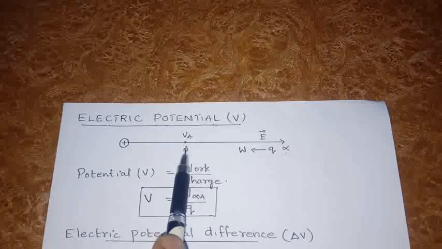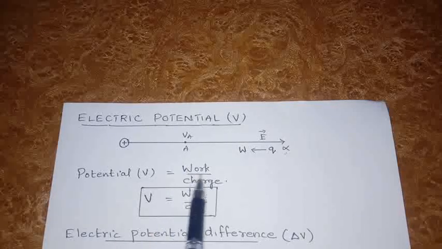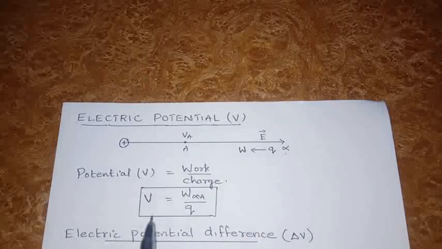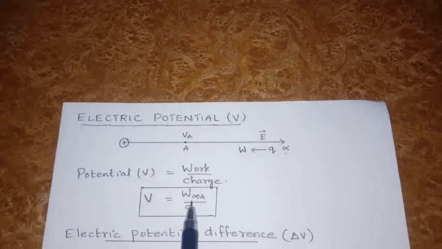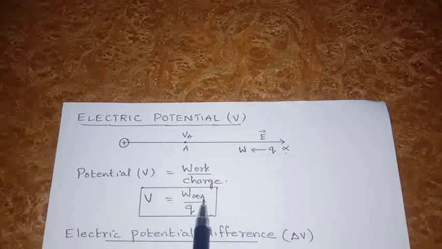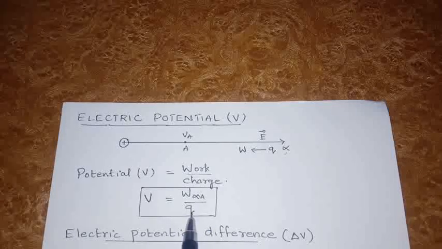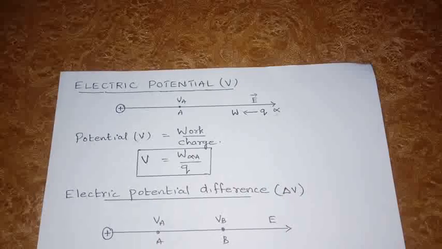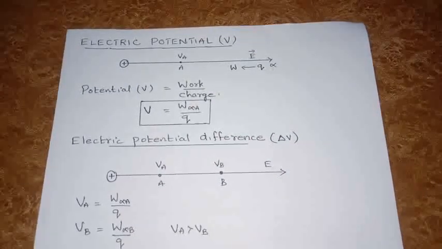So potential at A is nothing but the total amount of work done divided by the total charge which I brought from infinity to this point. Mathematically it can be written as V is equal to W infinity to A divided by Q.